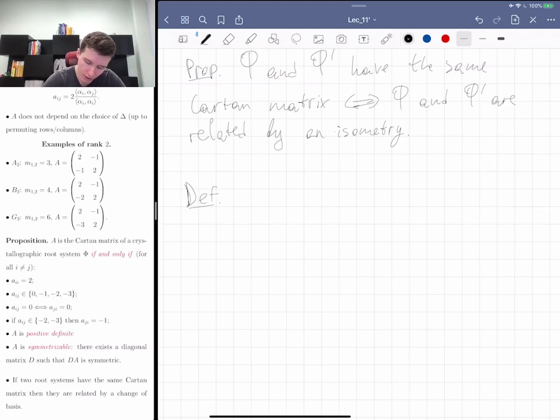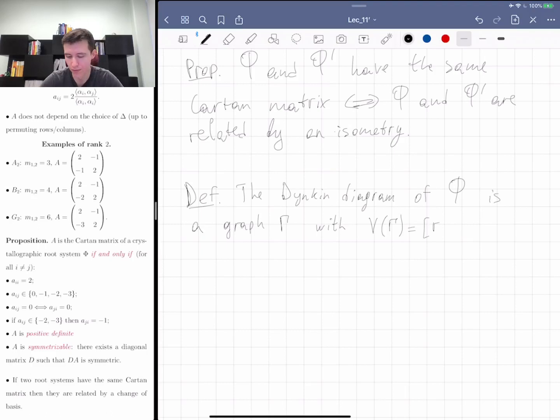The Dynkin diagram of a root system phi, or the corresponding Cartan matrix, is a graph gamma whose vertices correspond to the simple roots. So the vertex set of gamma is the set alpha 1, alpha 2, all the way up to alpha r, or just the integers from 1 up to r.